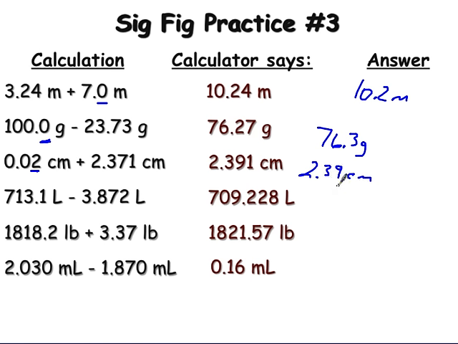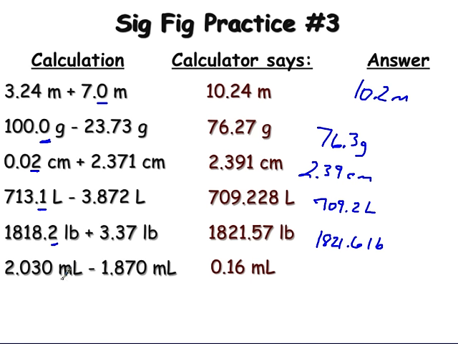Okay, that brings us to 2 places past the decimal. This one, 1 place. Yeah, so I'm going to round to 1 place past. 709.2 liters. This one, 1 place past the decimal, and okay, so I'm going to round to 1 place. 18.21 and 1 place, 6 pounds.